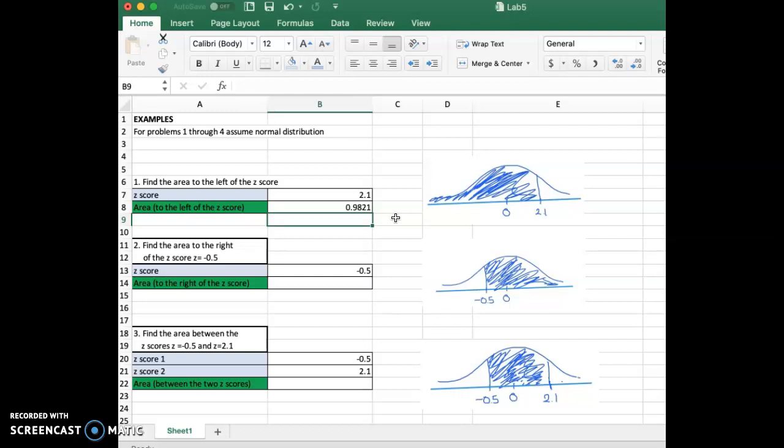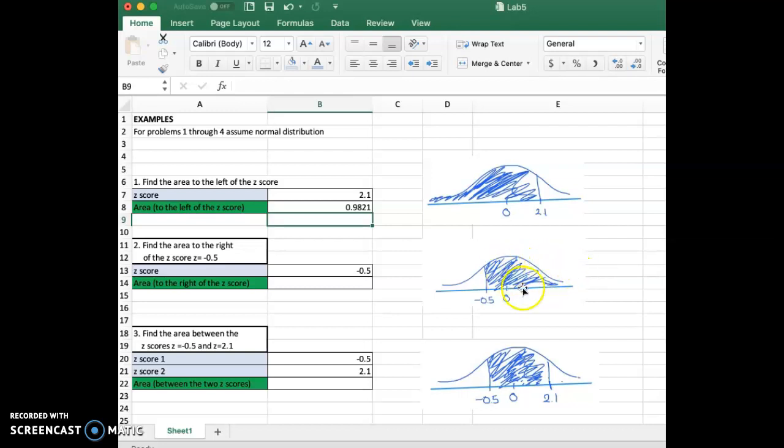For the next question, find the area to the right of the z-score negative 0.5. We want to find the area to the right of the z-score negative 0.5. But we know that NORM.S.DIST is giving us the area to the left of the z-score negative 0.5.